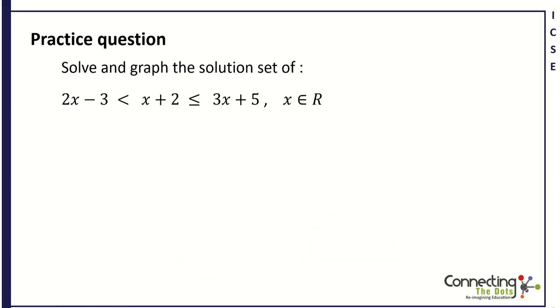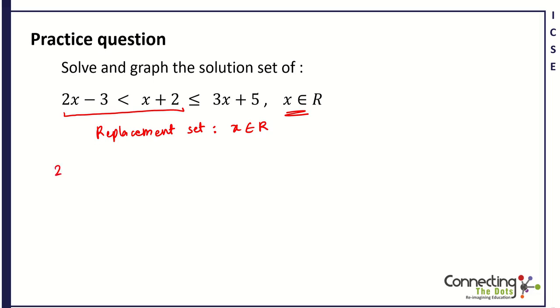Next question. Solve and graph the solution set of these conditions. So let's consider the first two. Remember, the replacement set is x belongs to R. So let's recognize that and write it here. Replacement set is the set of all real numbers.